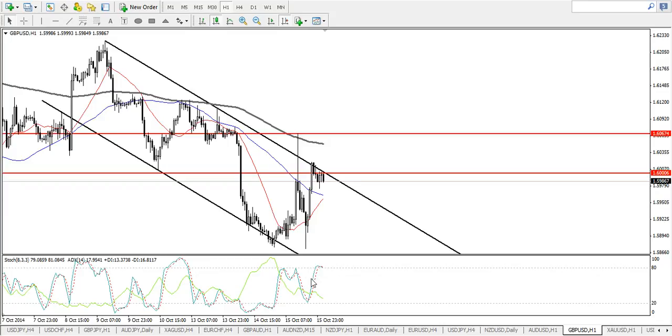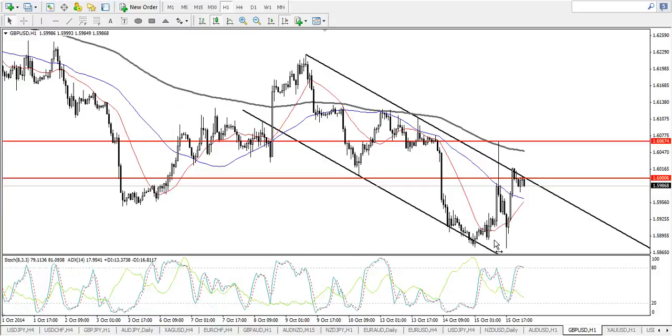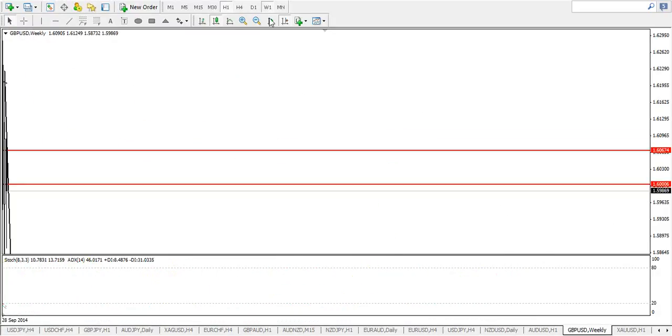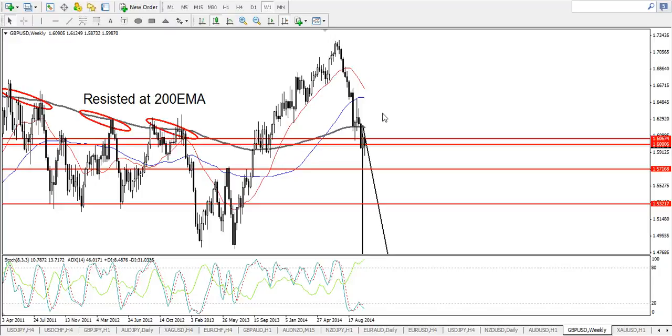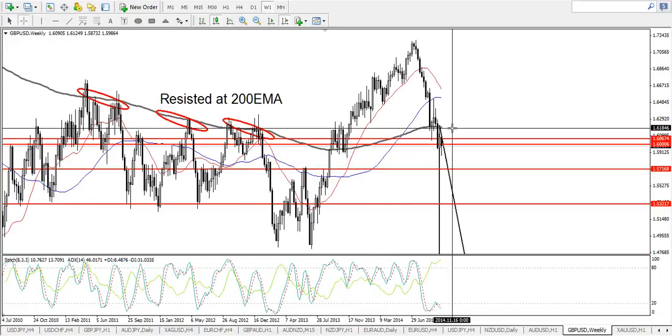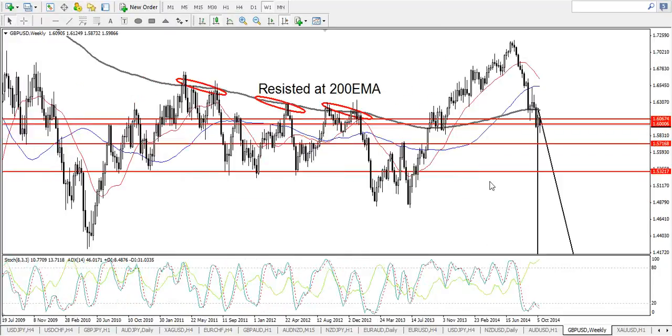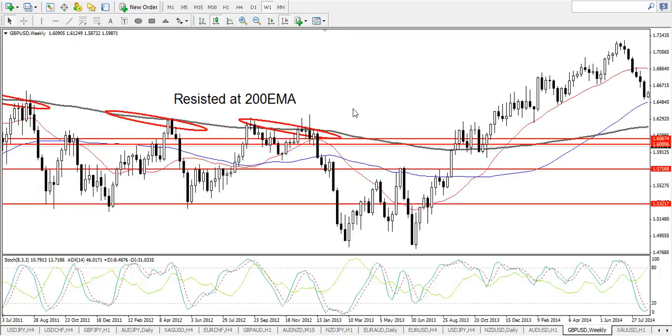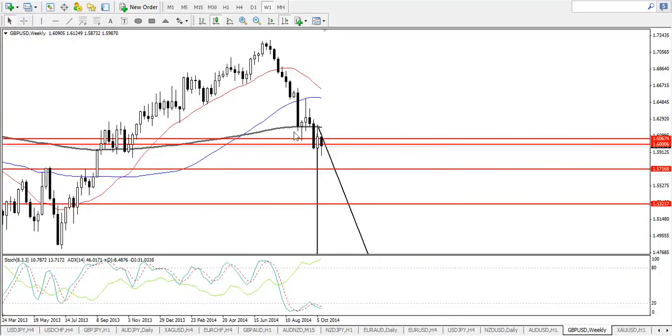Stochastic is also suggesting overbought. This might be a chance for a short opportunity. Going back to the weekly chart, I'm going to quickly go through a recap: price has broken below the 200 moving averages. Previously the 200 moving average was a very strong resistance level, and now that it has broken below, it has turned into a strong resistance level again.